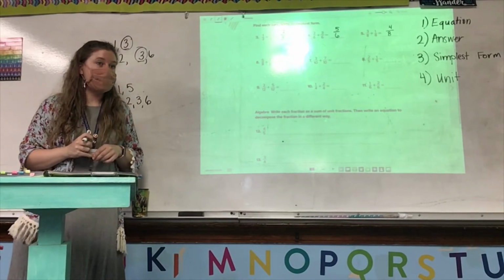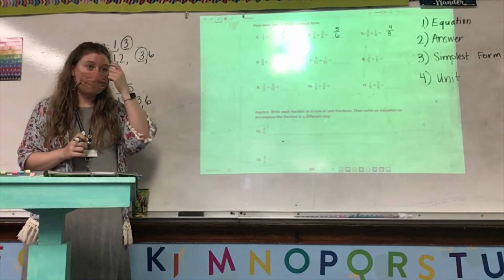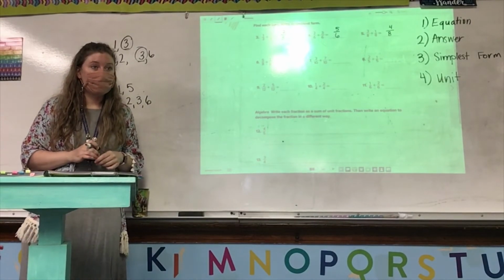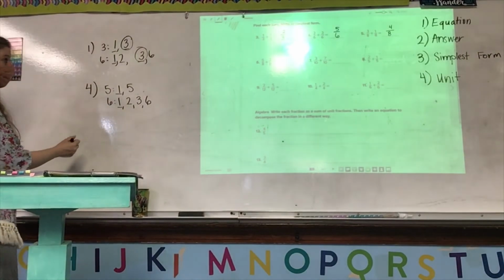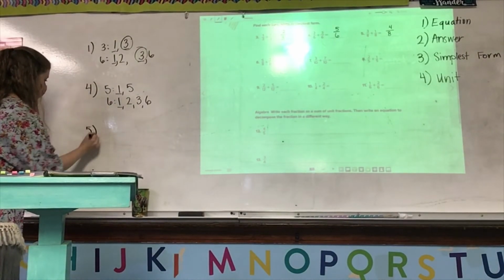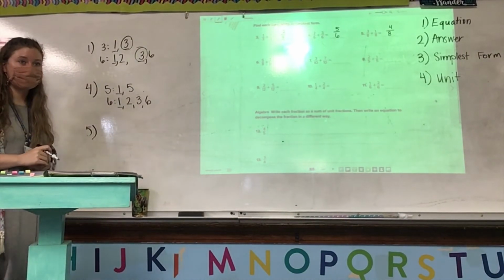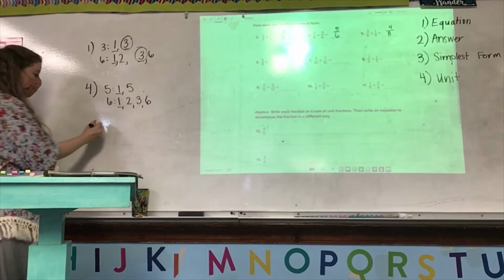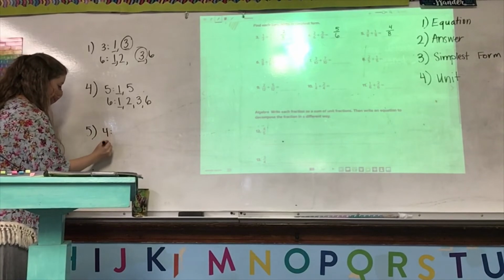What have we done every time we needed to find simplest form? What did we find? The greatest common factor. So what am I doing to find the greatest common factor? I'm finding factors for 4 and 8. Okay?